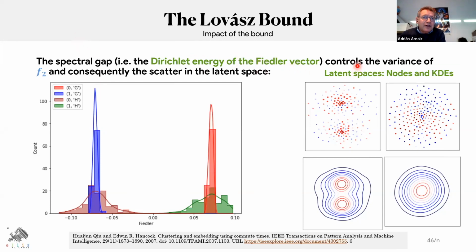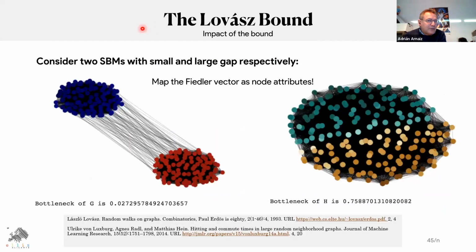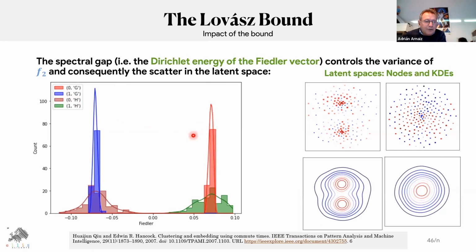This spectral gap is controlling the variance of this Fiedler vector, and consequently is controlling the scattering in the latent space. For instance, in the first SBM, which has a small gap, the blue community and the red community are very far away. But in the other graph, where you have a larger gap, the communities can even overlap.